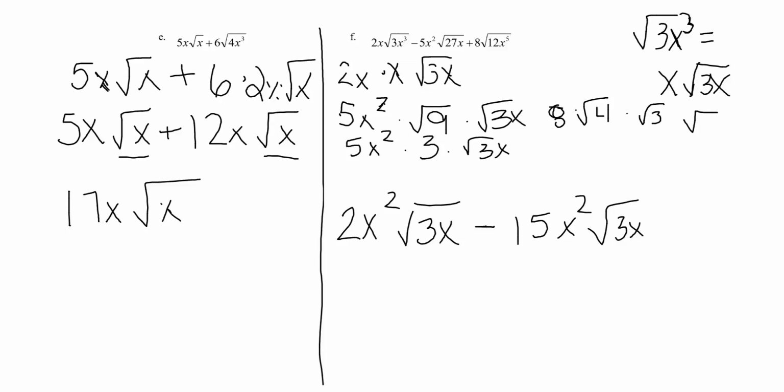So what I'm going to do is I'm going to put x to the 5th there, and I'll break it down in a minute. Square root of 4 is 2. 8 times 2 is 16. And don't forget, we have x to the 5th here. It goes in 2 times, so we have x squared with 1x left over. So we're going to have a 3 and an x left over. So it's going to be plus 16x squared times the square root of 3x.